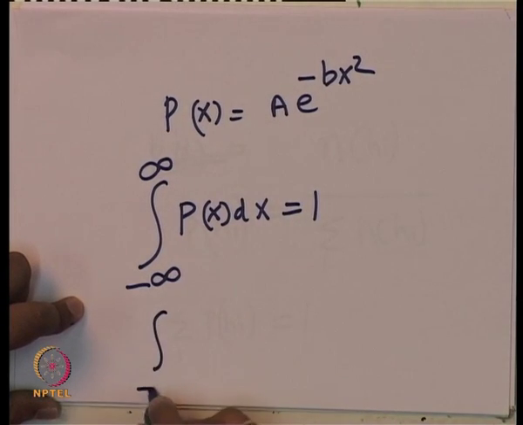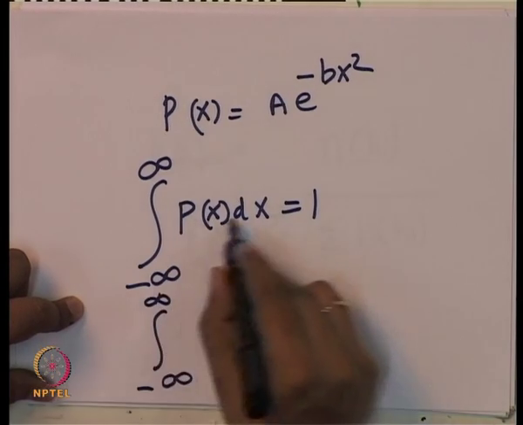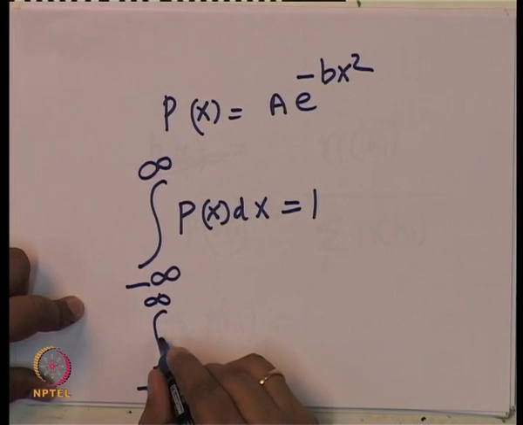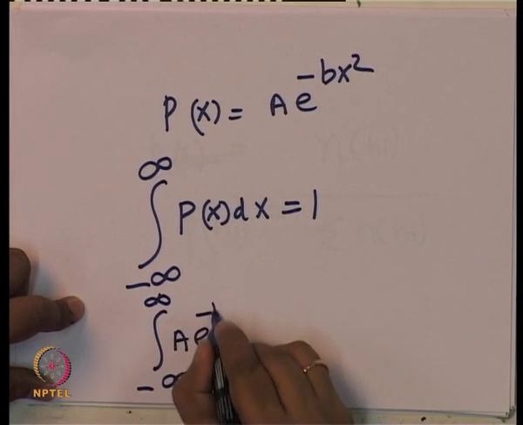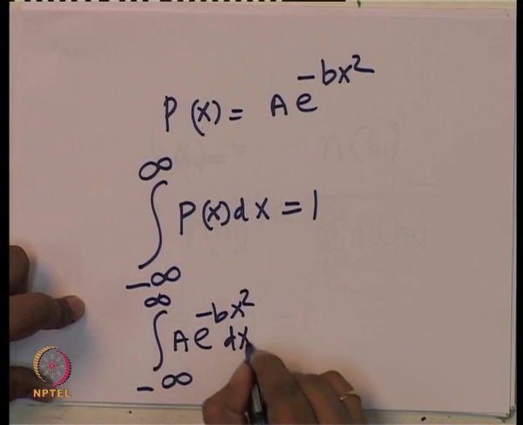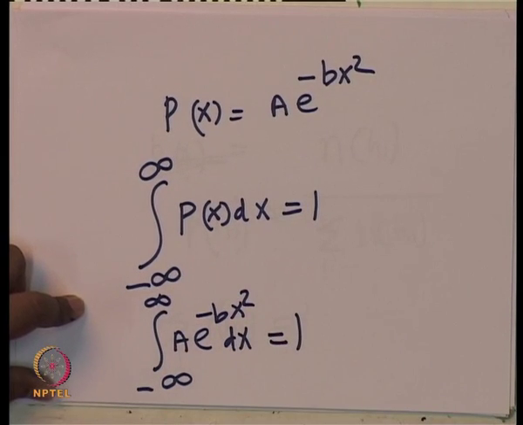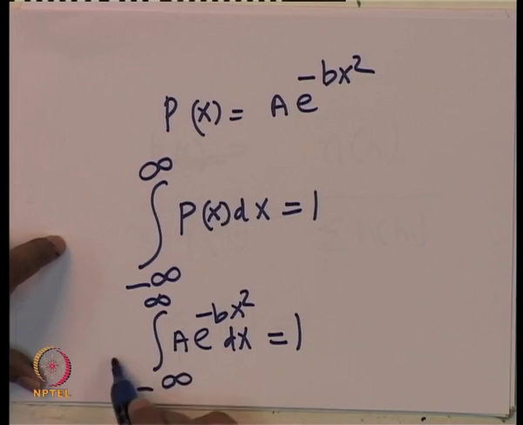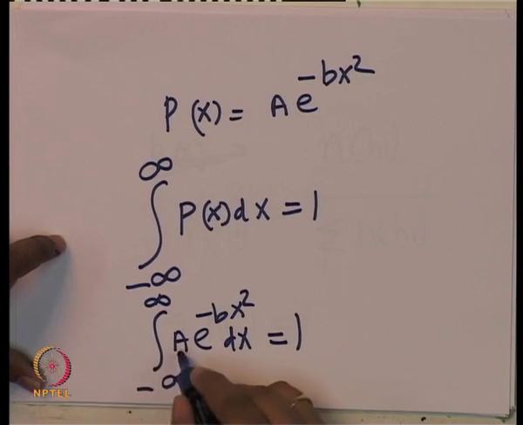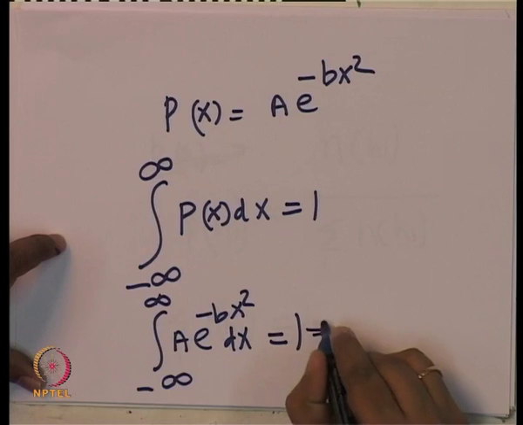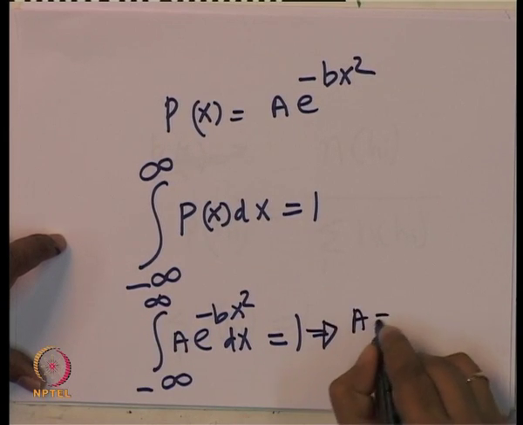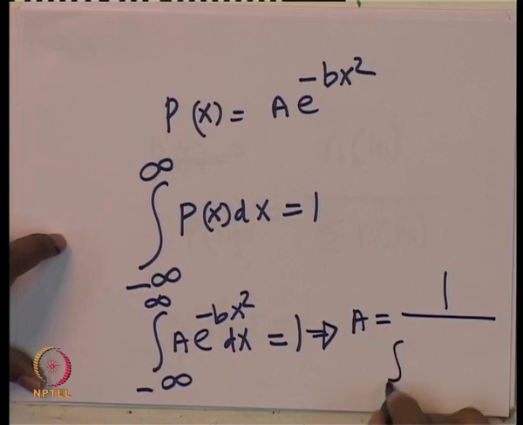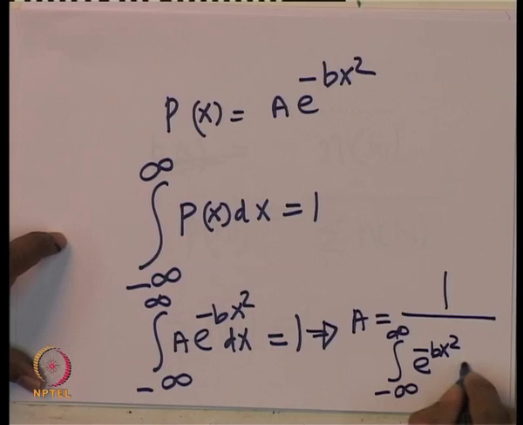This means that the integral from minus infinity to infinity of a e power minus b x square dx has to be 1. If this is the case, a can be taken outside. This would imply that a is equal to 1 over the integral from minus infinity to infinity of e power minus b x square dx.